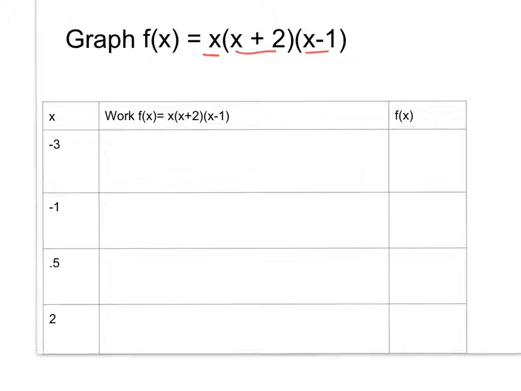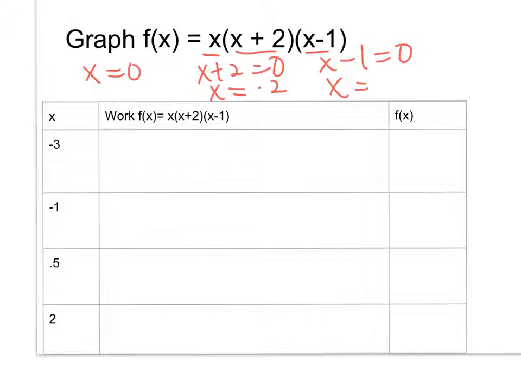So the first thing I'm going to do is find my zeros again. And so my zeros are x equals 0, x plus 2 equals 0, which is negative 2, and x minus 1 equals 0, which is a positive 1.